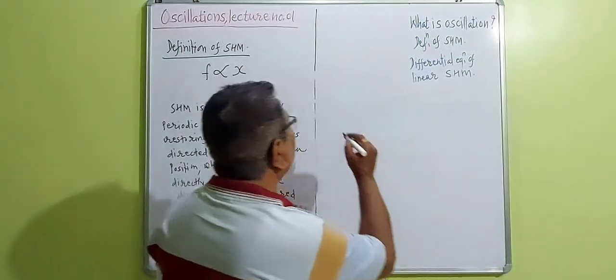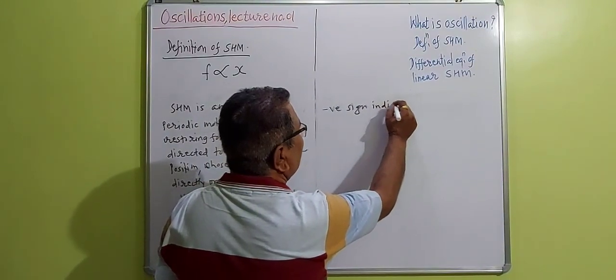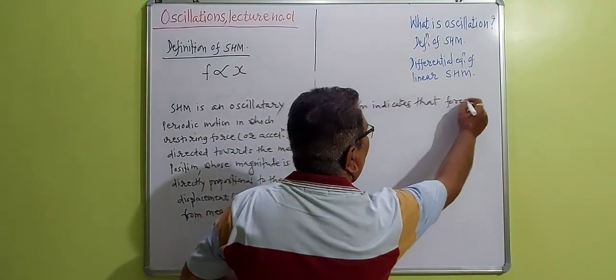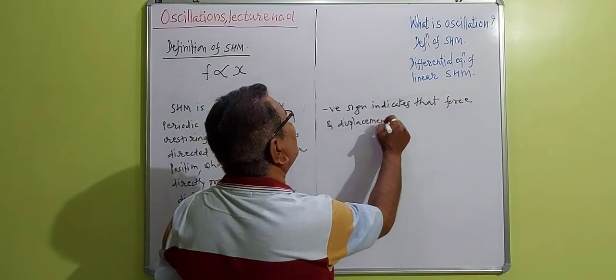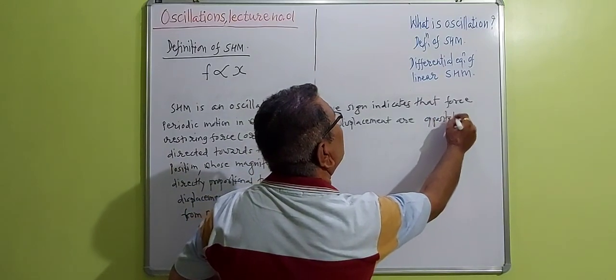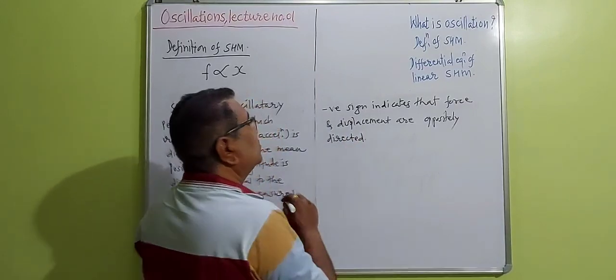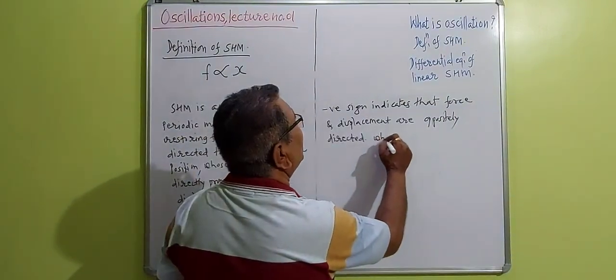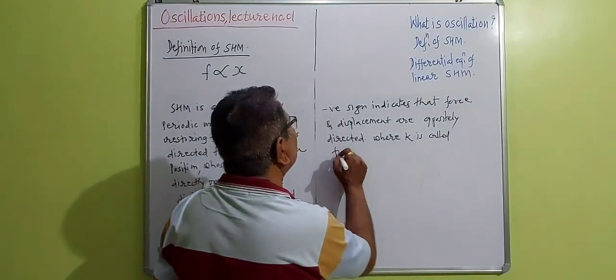I will write here: negative sign indicates that force and displacement are oppositely directed, where K is called force constant.